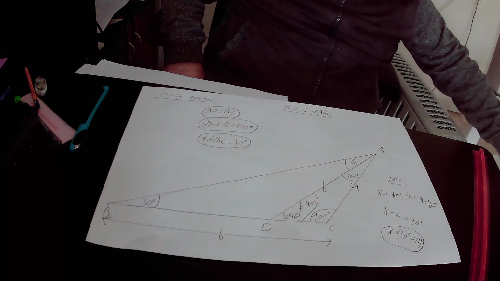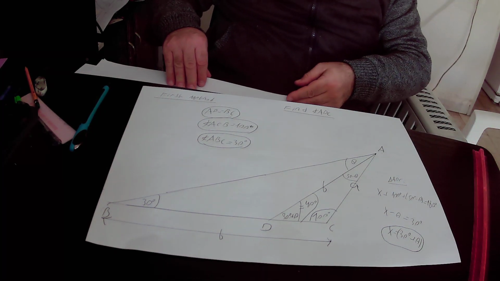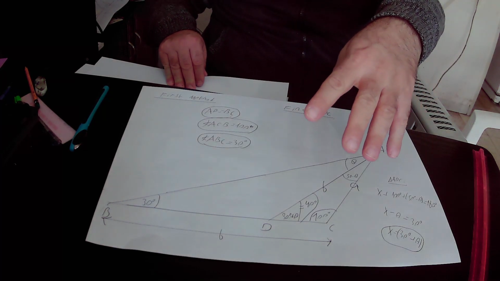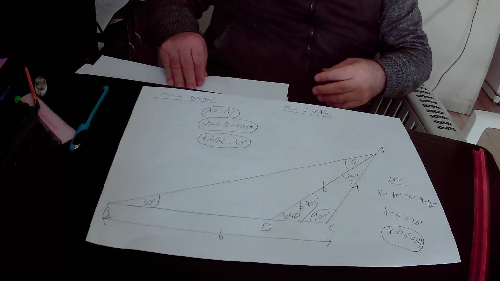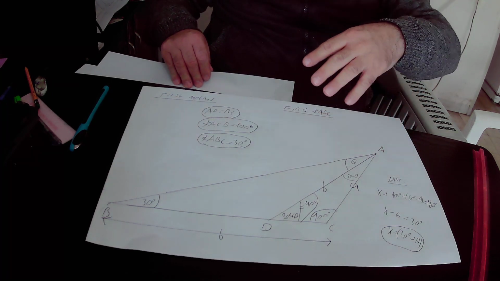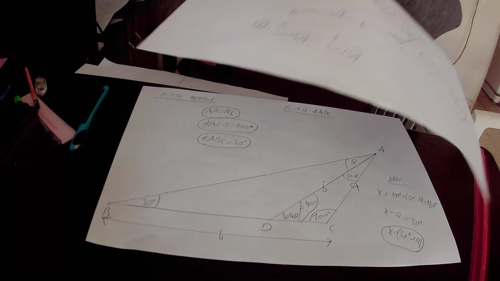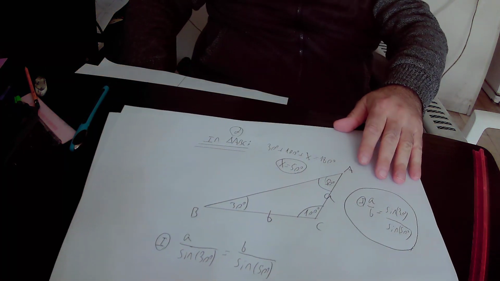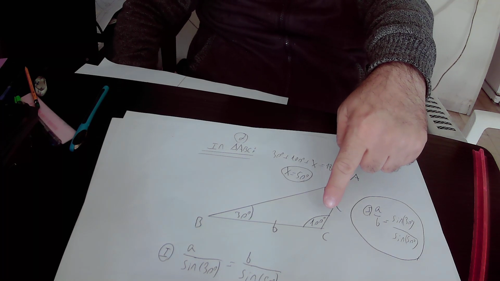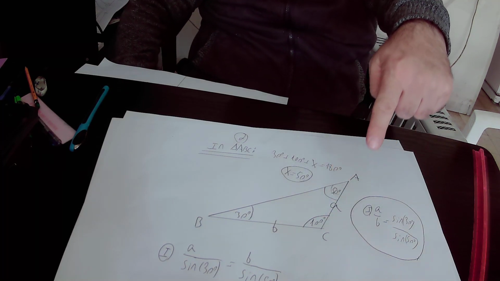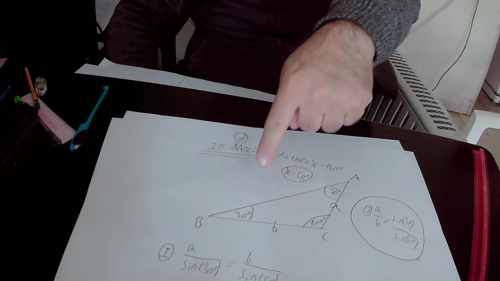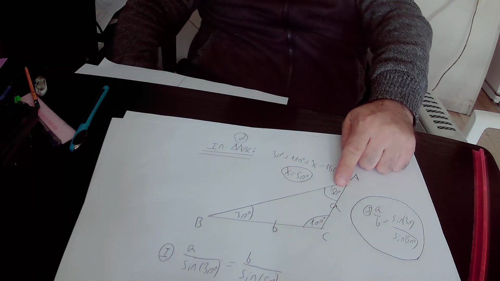And then we implemented the law of sines in our triangle ABC. I copied this triangle in a new page. It is given us in the question that angle ACB equals 100 degrees, and that angle ABC equals 30 degrees. This is the missing angle.